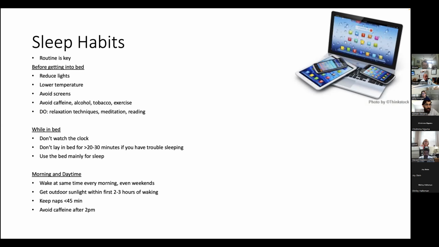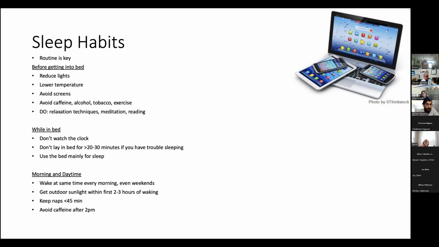Before bed, try turning off half the lights in your house in the hour before bedtime, and turning the temperature down a little bit, especially in the summertime, which can help you fall asleep. Avoid screens. I think we're all probably guilty of being on our phones and devices at times when we probably shouldn't be, but try to be more aware of that and limit it in the hour or two before bedtime.